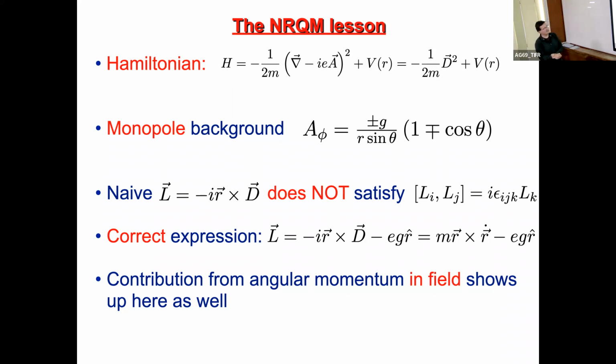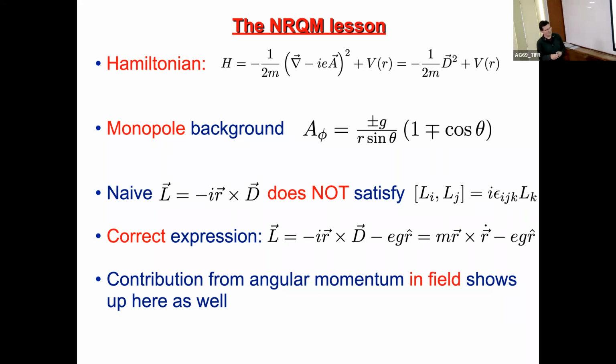Yes, so the naive expression would be to just take R cross the covariant derivative. Yes, but you can just ask, what kind of commutation relation does it satisfy, and it doesn't give you the usual angular momentum commutation relation. And you understand from the previous answer why, yes, because there is another piece there, yes.